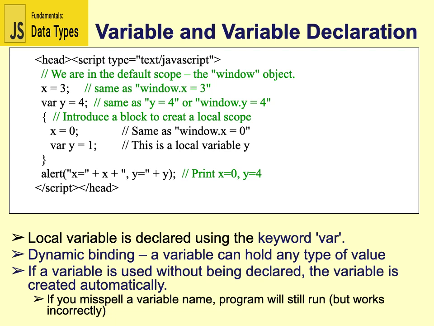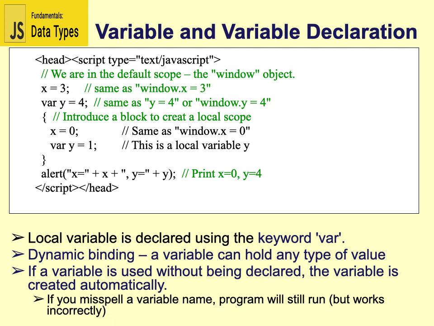The second one, y, is declared with a var keyword. There is no difference. If a variable is used without being declared, the variable is created automatically, and a variable can hold any type of value. This is known as dynamic binding.